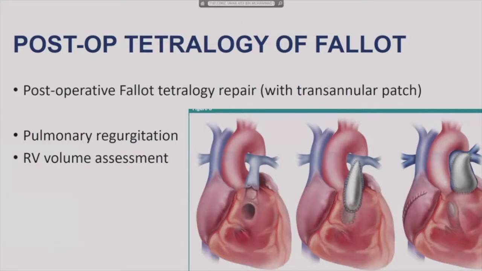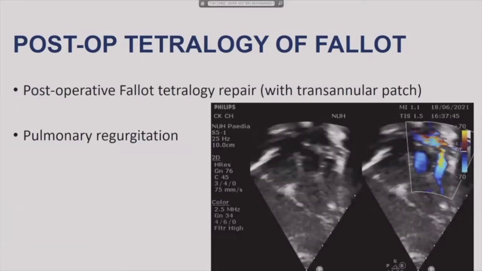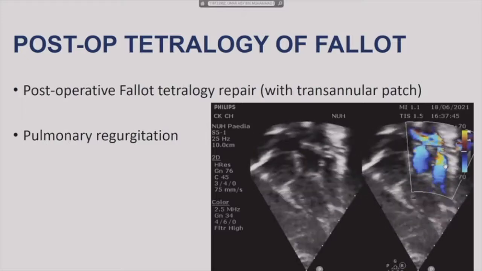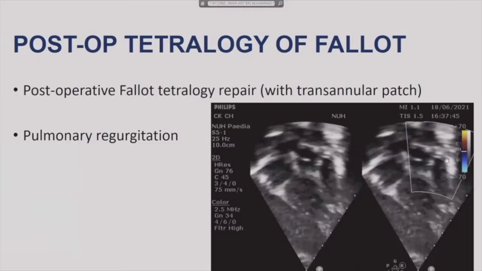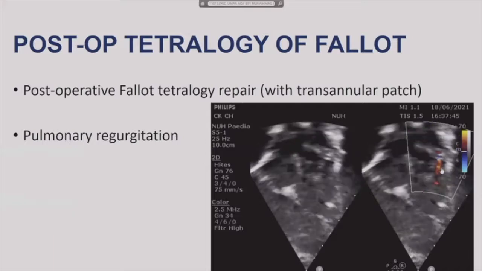We tend to leave it for a long period of time. Now, this is an example of pulmonary regurgitation where the transannular patch was performed. You can see that the right ventricular outflow tract has been opened up, but yet there is this jet of pulmonary regurgitation coming back into the right ventricle.